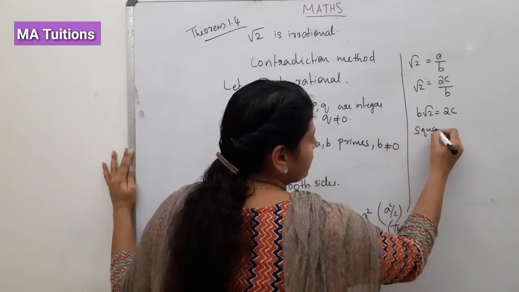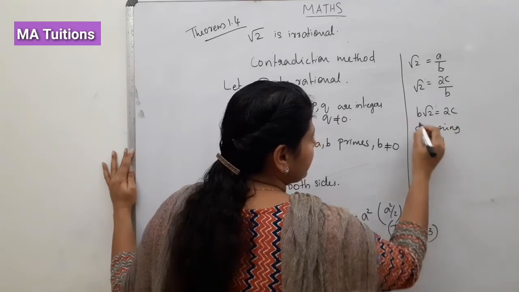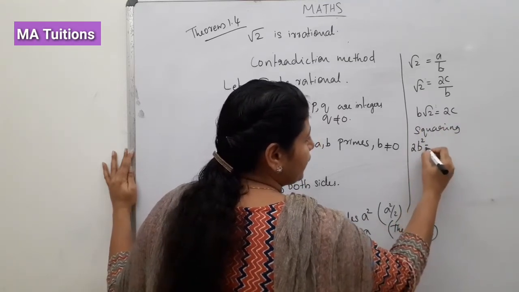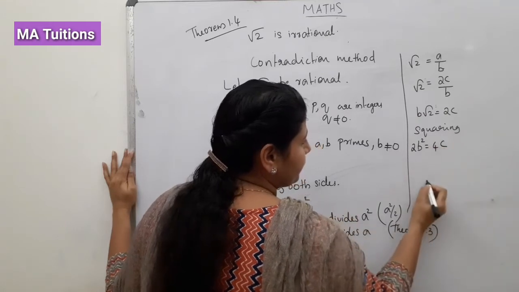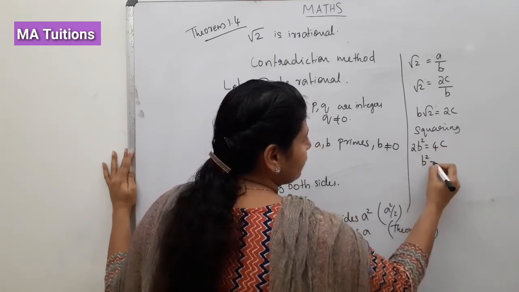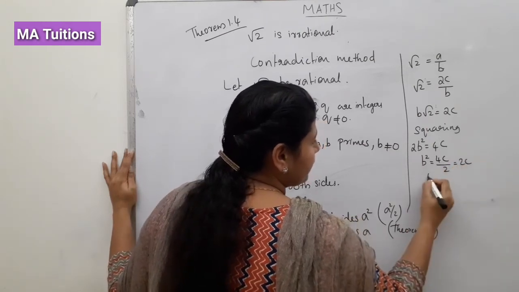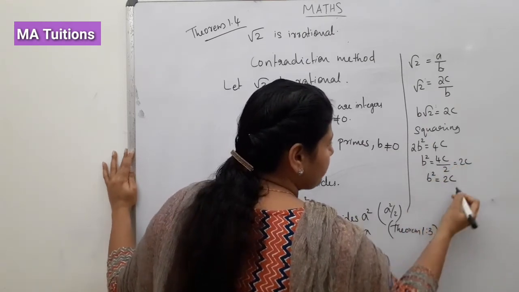Now squaring on both sides, you will get B square, root 2 square is 2, so 2 B square equals 4 C square. Now we will get B square equal to 4C square by 2, which is equal to 2C square. B square equal to 2C square.